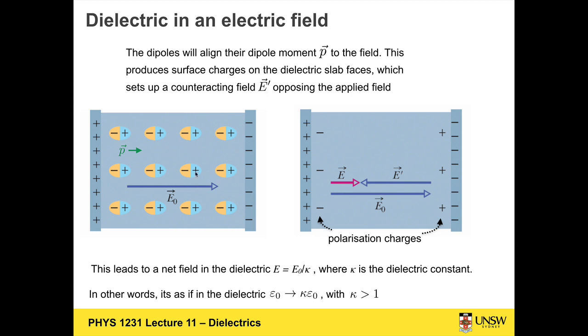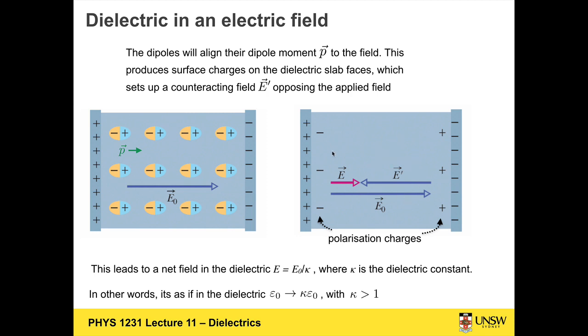Now remember, typically in dielectric materials these dipoles are atomic, so this cartoon is very, very rough. In reality, these dipoles are very tiny compared to the size of the system. And so the contributions of the electric fields of all the dipoles we can think of as being continuous and uniform, as in this diagram here on the right.